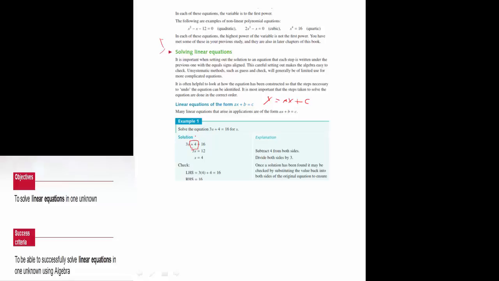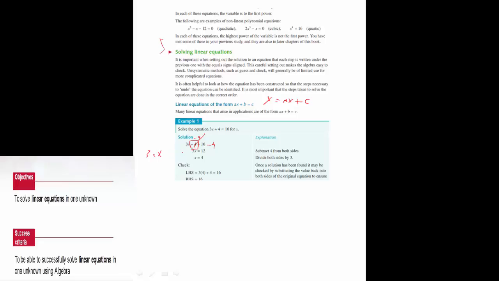So what we do, we add negative 4 to the left hand side and to the right hand side. So they cancel out and you're left with 3x equals 16 minus 4 is 12. So 3x equals 12. We want to get rid of the 3. So this is 3 times x. Alright. So the opposite of multiplication is division.